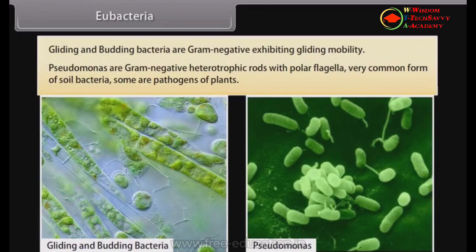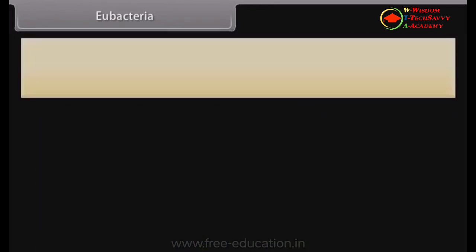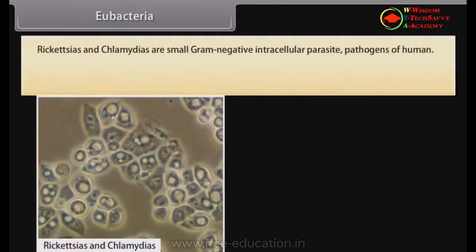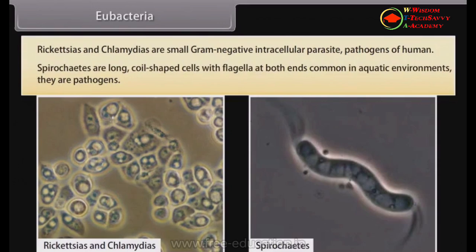Some are pathogens of plants. Rickettsias and Chlamydias are small Gram-negative intracellular parasite pathogens of humans. Spirochetes are long, coiled cells with flagella at both ends, common in aquatic environments. They are pathogens.